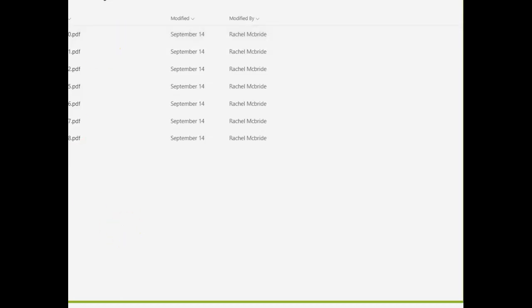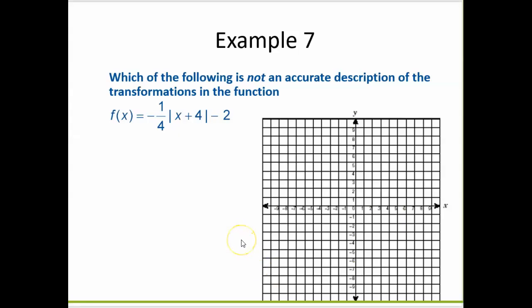So the chapter 2 study guide is on page 125. So let me get a blank screen up here to write on. You're doing 42 to 53.